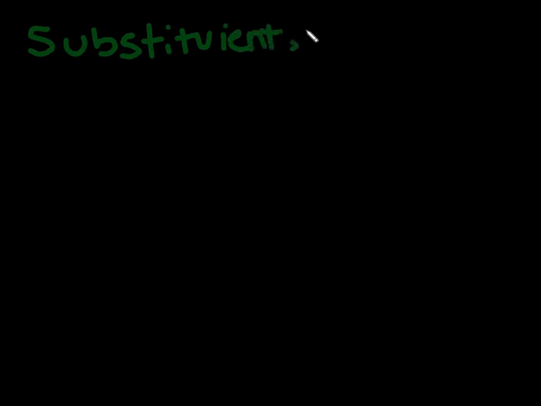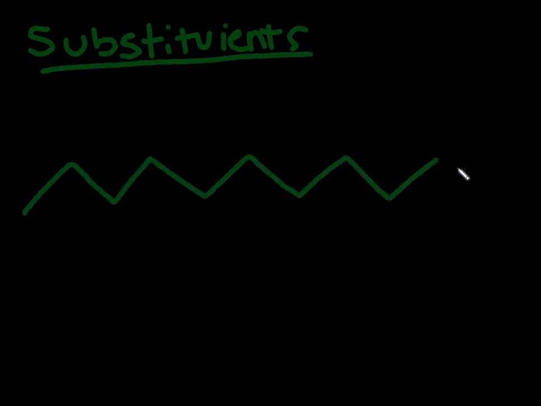Okay. Now we're going into something called substituents. And what are these? They're special groups of atoms that are attached to another atom. So let's go over them. I'm going to need this long chain to draw them out. Again, this is memorization.